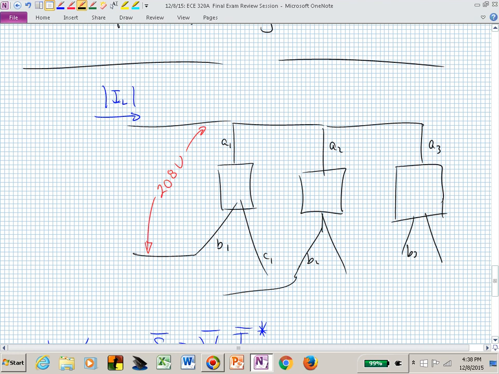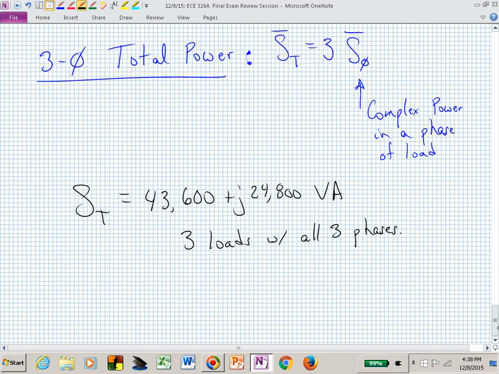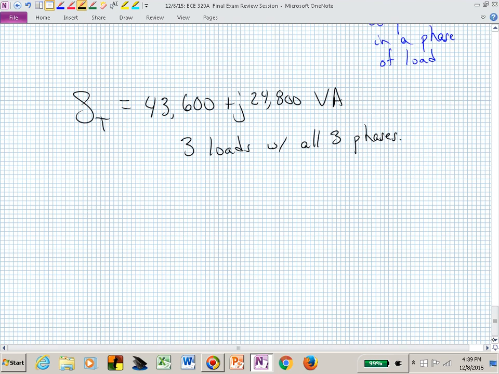This in blue. We know the red line voltage. From this expression, you could find the angle of that complex power. That's the inverse tangent of 24,800 over 43,600. But for the total power formula, do you remember this?